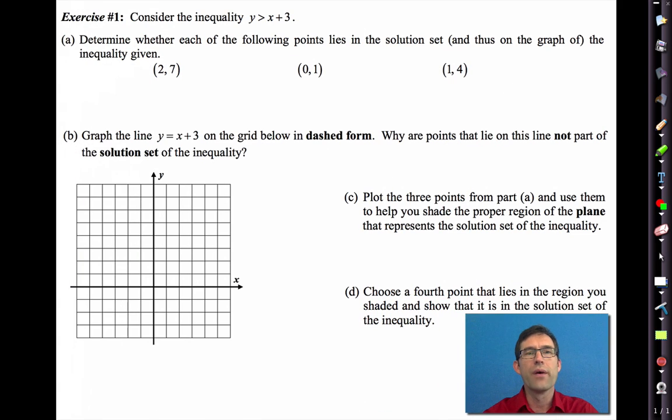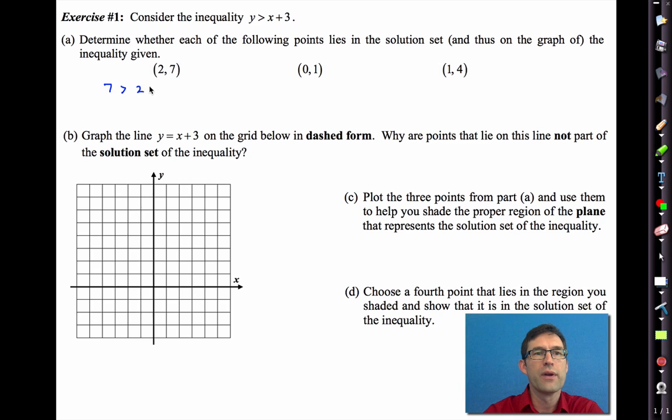Let's consider the inequality y is greater than x plus 3. Letter A asks us to determine whether each of the following points lies in the solution set and thus the graph of the given inequality. Let's do the first one together. It's pretty simple, right? We've talked about this before. I'm going to put the 7 in for y.